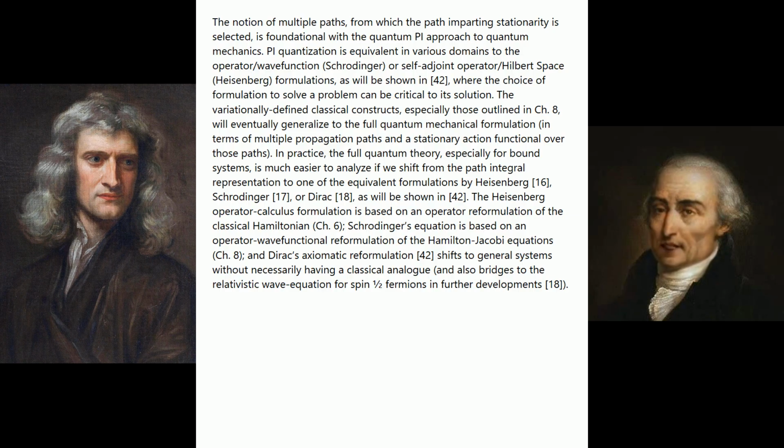The Heisenberg operator calculus formulation is based on an operator reformulation of the classical Hamiltonian, Chapter 6. Schrödinger's equation is based on an operator wave functional reformulation of the Hamilton-Jacobi equations, Chapter 8. And Dirac's axiomatic reformulation shifts to general systems without necessarily having a classical analog, and also bridges to the relativistic wave equation for spin 1/2 fermions in further developments.